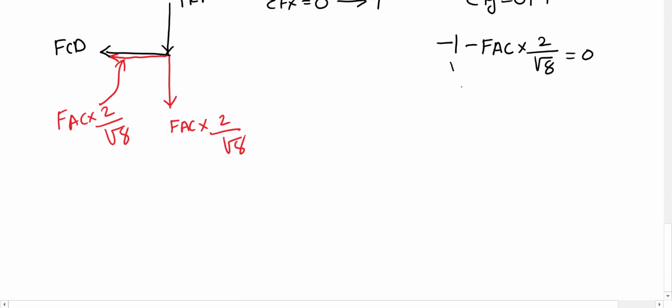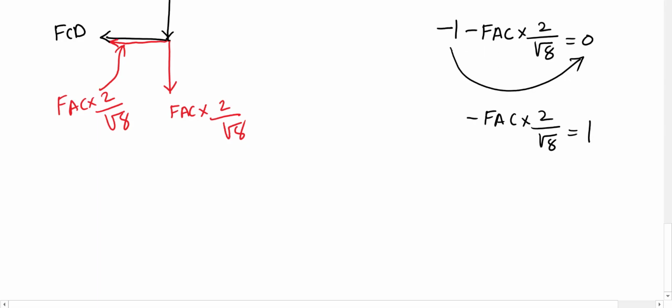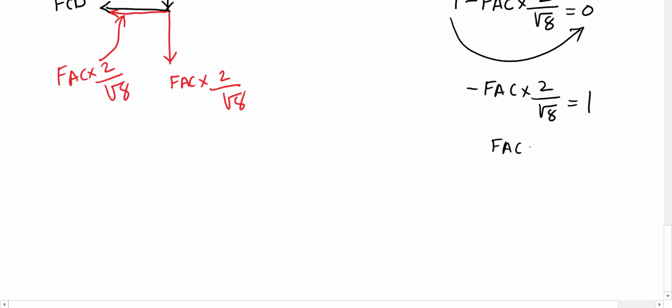We can bring this minus across, so minus FAC times 2 over square root 8 equals 1. So FAC equals, bringing the minus across, square root 8 over 2, which gives us minus 1.41 kilonewton.